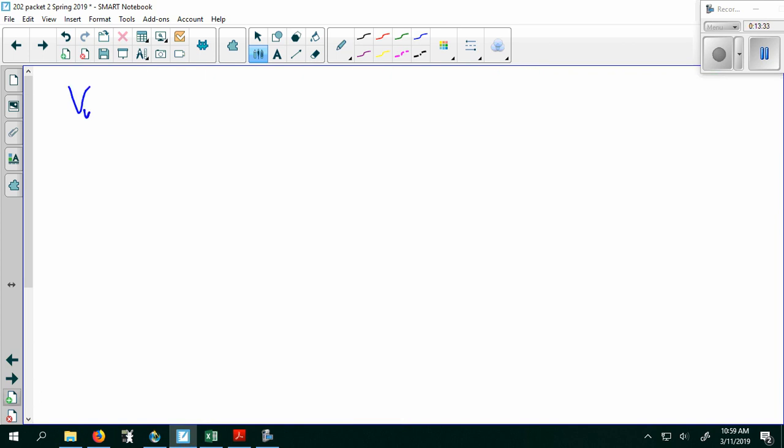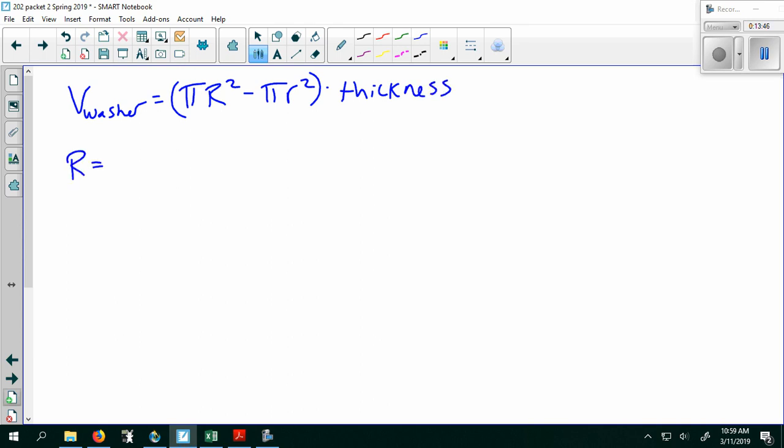Okay, so the volume of my washer is pi R squared minus pi r squared times thickness. And my big R is 4 plus x sub i, and little r is 3 minus root x sub i. And thickness is delta x.